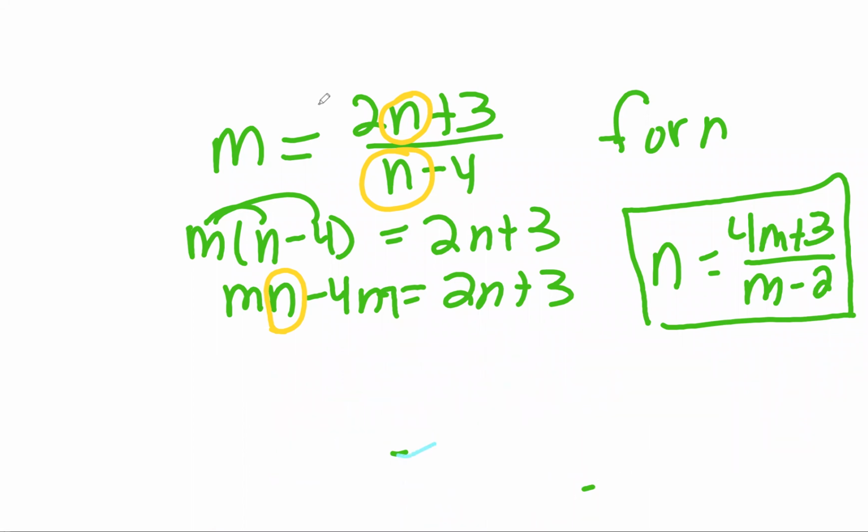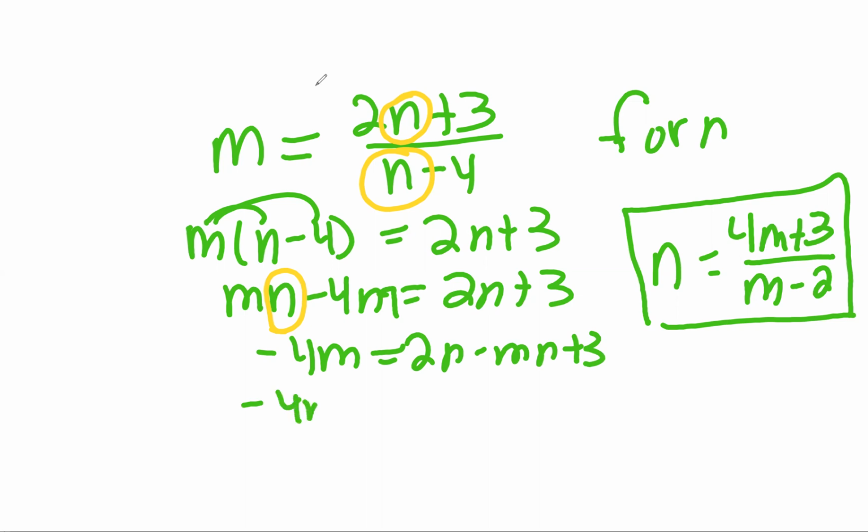So instead of working the problem the way that I worked it before, it is possible that I could have said, all right, I'm moving, so negative 4m equals 2n minus mn plus 3. Subtracting the 3 this time.